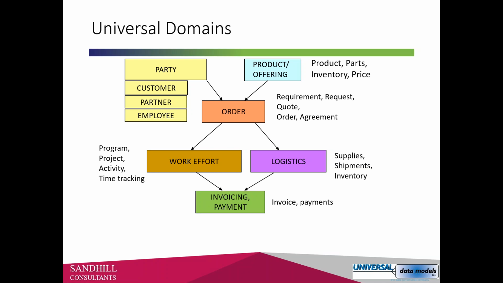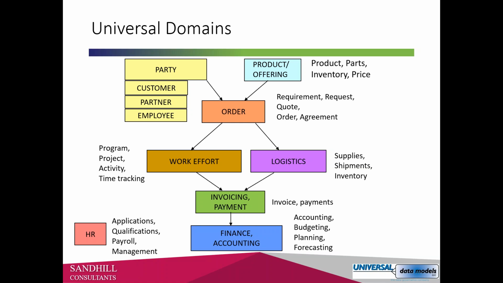And then after that, here's the fun part, we do an invoice, which is a request for payment, we track the payments, and then we do support functions such as finance and accounting, and human resources, and information technology.